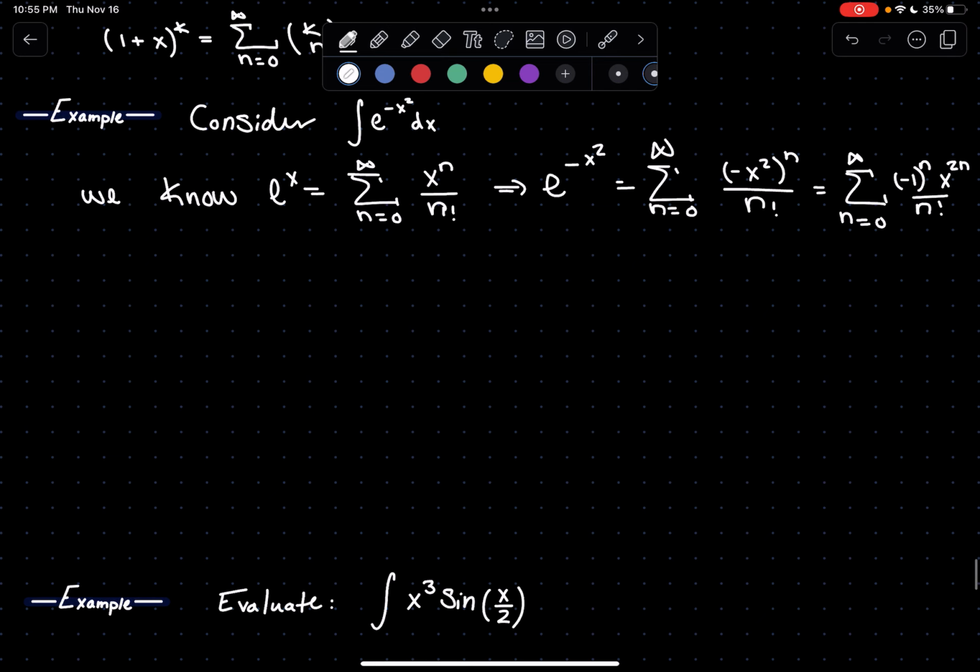Okay, well, now this is going to be really easy to integrate, right? This is not a hard function to integrate, x to the 2n, right?